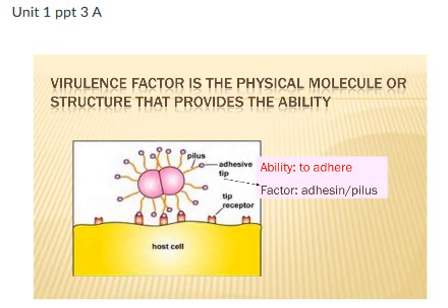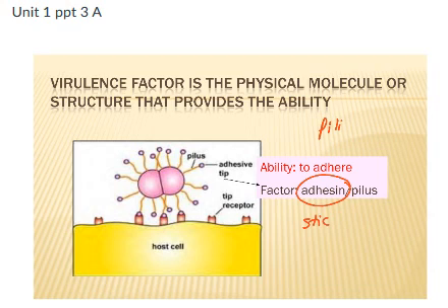A little explanation of virulence factors: this is a physical molecule or some type of structure that a bacteria has that provides the ability for it to be virulent or cause disease. In this example, the pili does have a virulence factor, and that virulence factor is called adhesin.